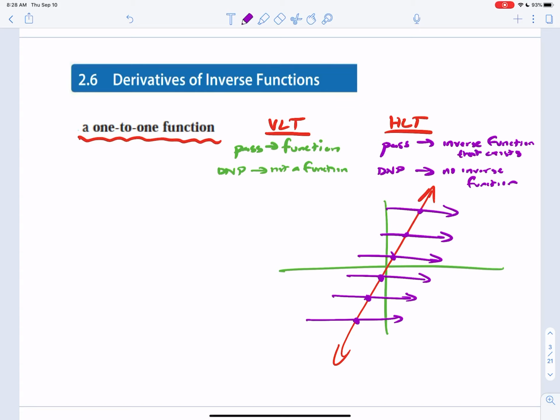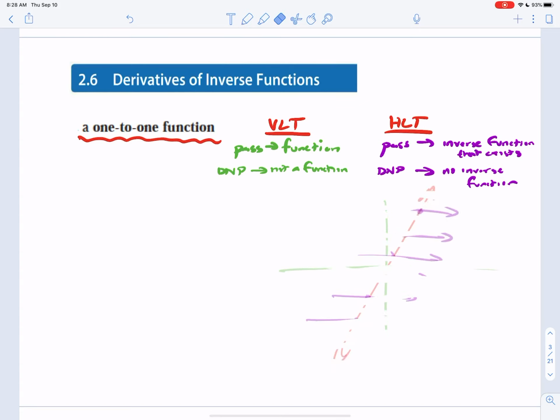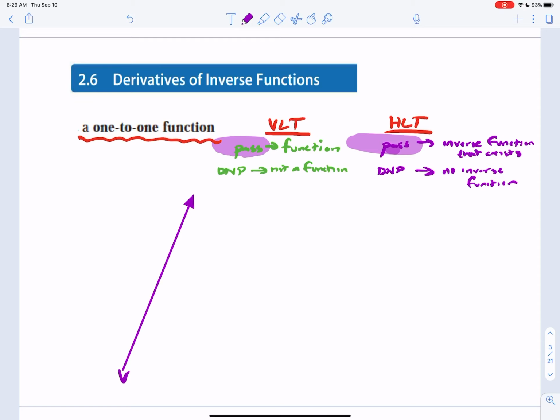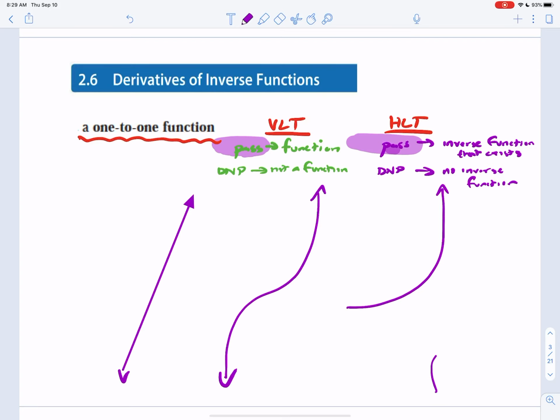That's basically it. So a one-to-one function is a function that passes both at the same time, both the vertical and horizontal line tests. To give you some one-to-one functions, think about a line or a cubic function, exponentials, natural logs.